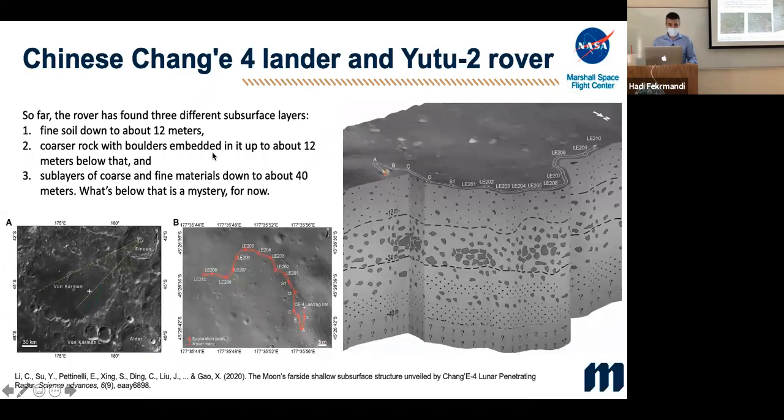this is what the Chinese Chang'e 4 lander and the Yutu rover have learned and found out by the new instrument on the rover.